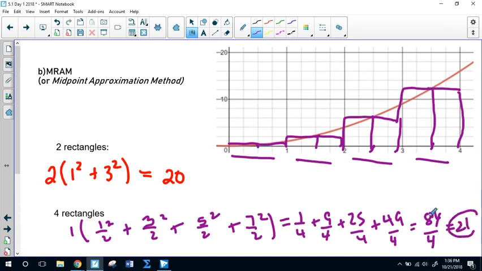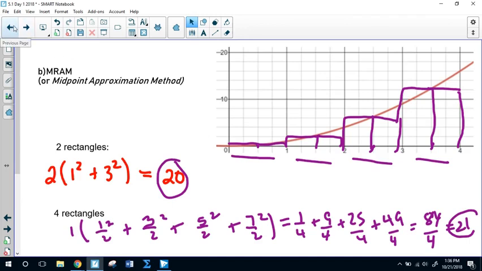That's kind of interesting to me because 4 rectangles gave me an answer that's almost the same as 2 rectangles. And both of these are a better estimate, I think, than the left and the right that we did, because those had so much either over or under, where this is a little bit of both.